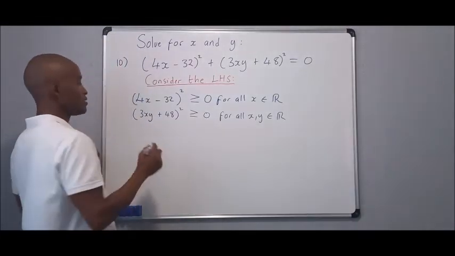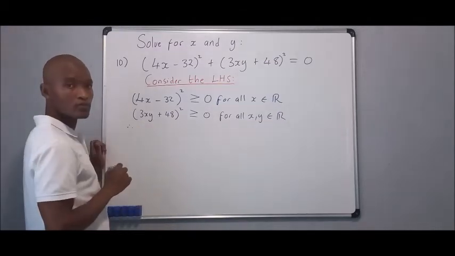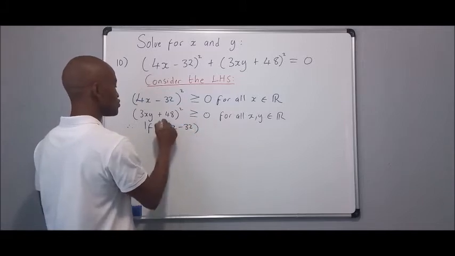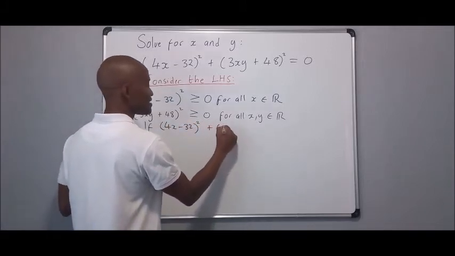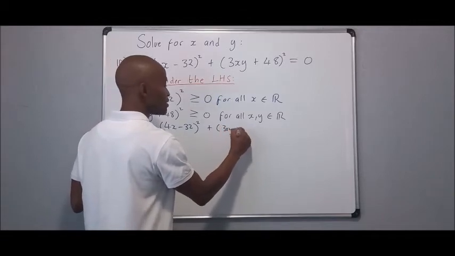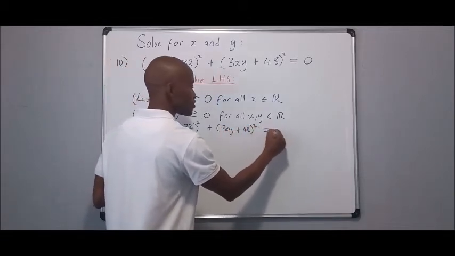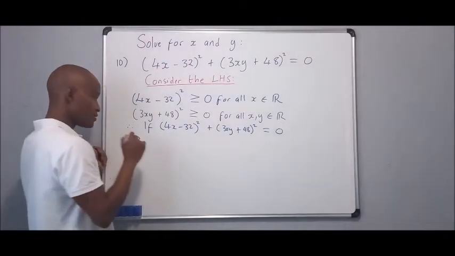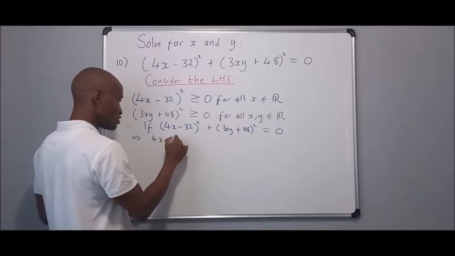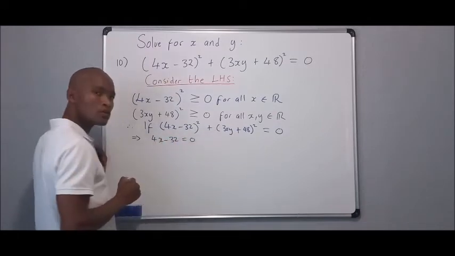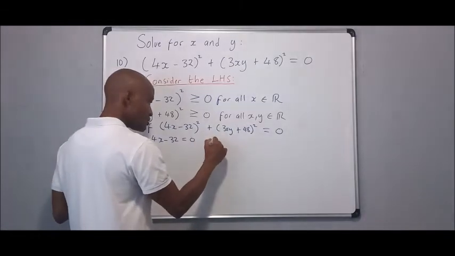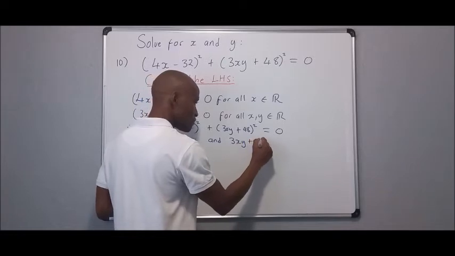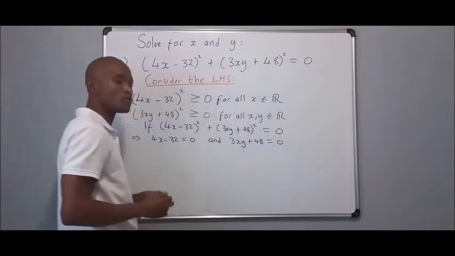Okay, so then, therefore, if (4x minus 32) all squared plus (3xy plus 48) squared is equal to 0, this implies that 4x minus 32 is equal to 0, okay, and 3xy plus 48 is also equal to 0.